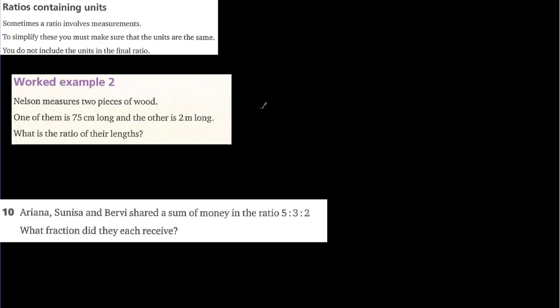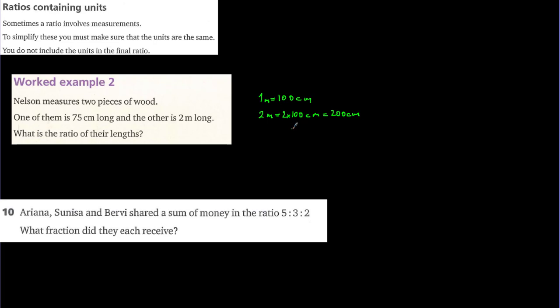I want to convert meter to centimeter. We know from the previous chapters that 1 meter is equal to 100 centimeters. So 2 meters is 2 times 100 centimeters, which is equal to 200 centimeters.